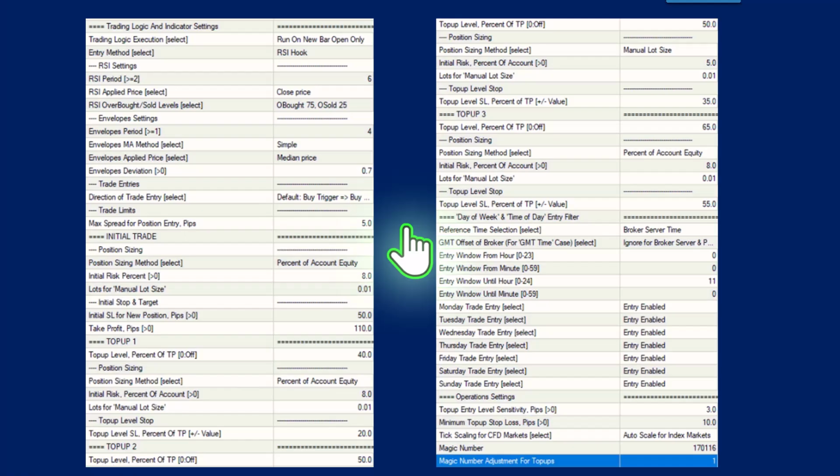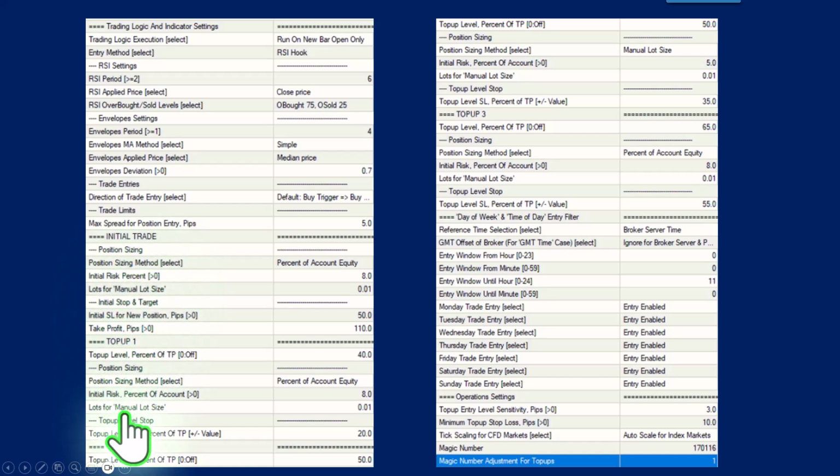Now, as always, people ask what settings generated these great results, and on your screen you can actually see the settings. As I've said in the disclaimer, don't use these settings. They're just supplied for educational and interest purposes. If I run through the settings here, you can see the RSI settings, the envelope settings, and the initial trade settings.